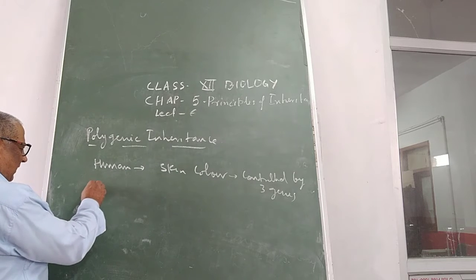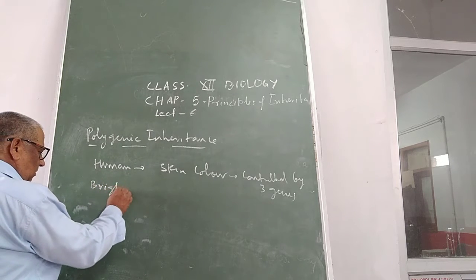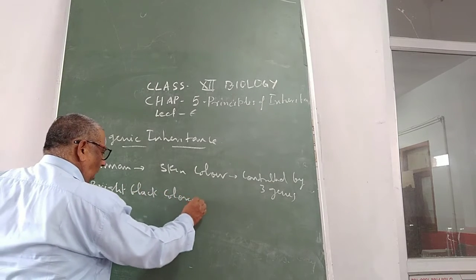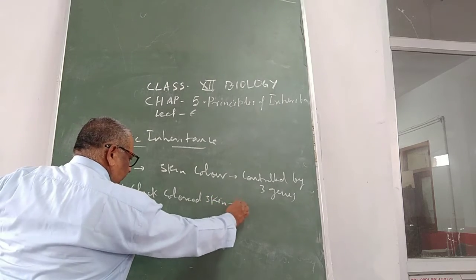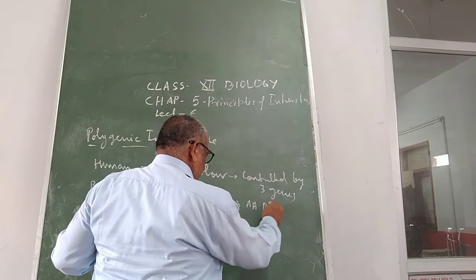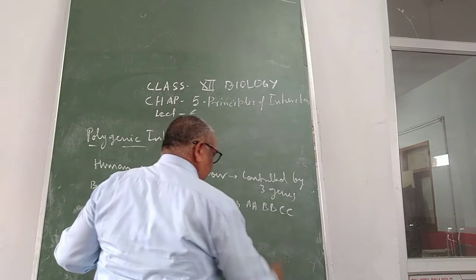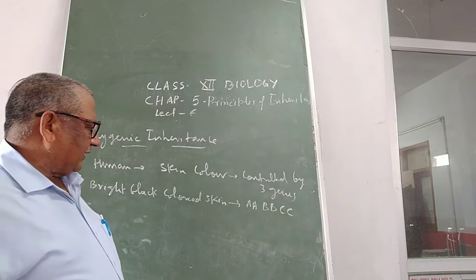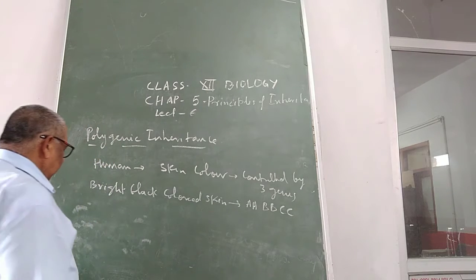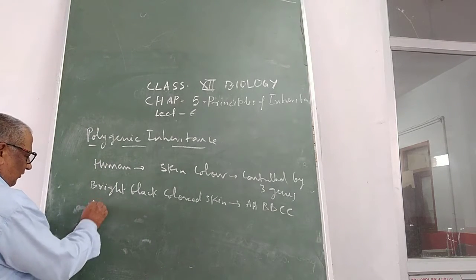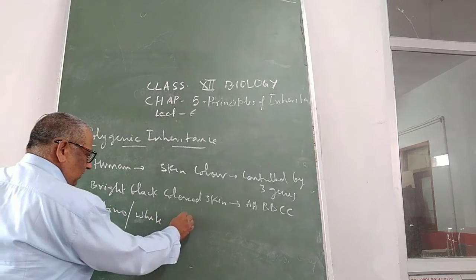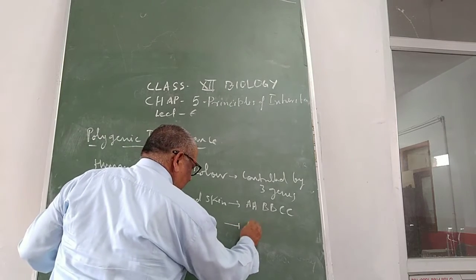If we take bright black, and we represent it capital A, these types of genes all are dominating, three genes are taking part. Gene A, gene B, gene C. Now, if we take albino or white colored skin, we'll find.